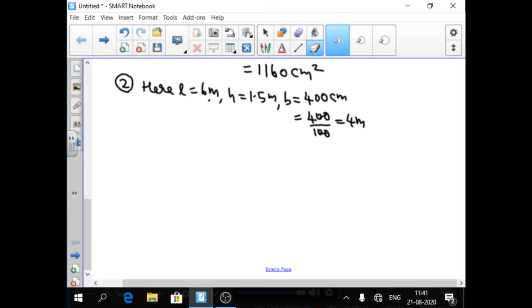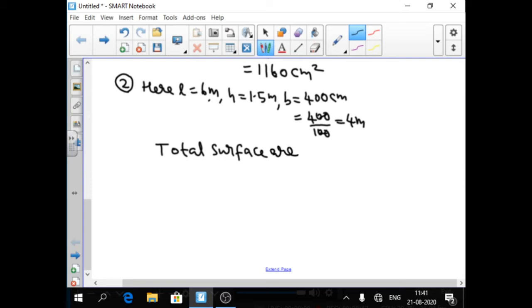So you know the formula, total surface area of the cuboid is equal to 2 times of (length breadth plus breadth height plus height length) squared units.